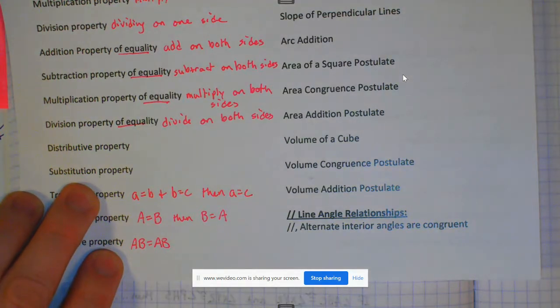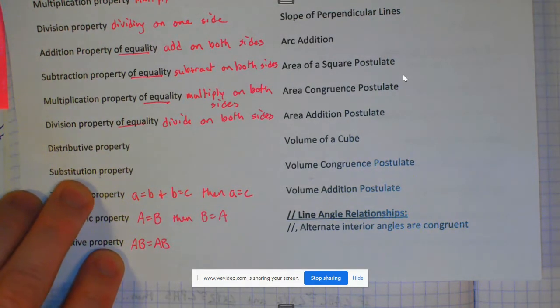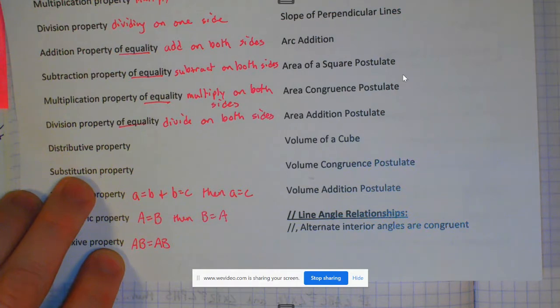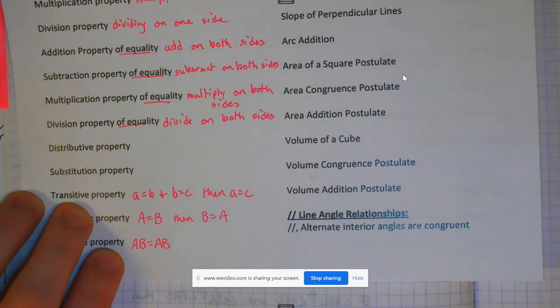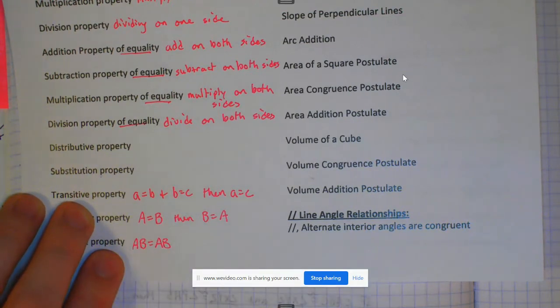The distributive property and the substitution property you've used before in algebra. So let's do the substitution property first. The substitution property is plugging one thing into another of equal value. It's very similar to the transitive property, but the transitive property can link multiple substitutions.